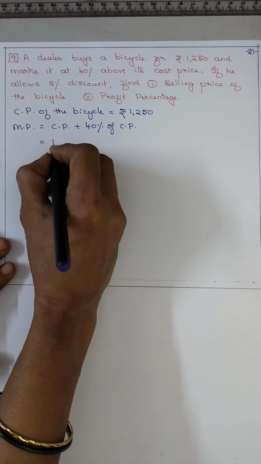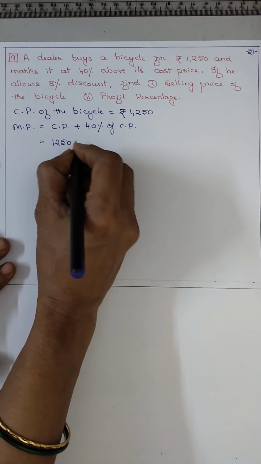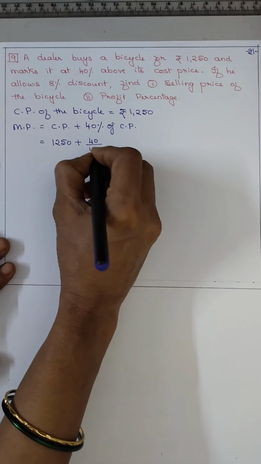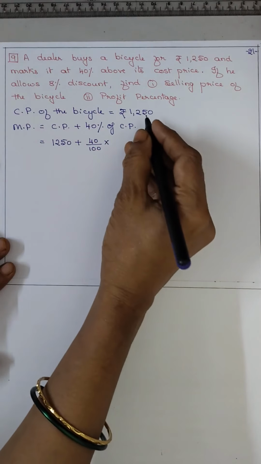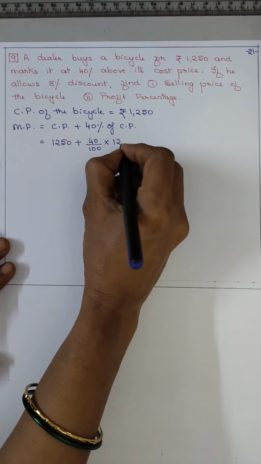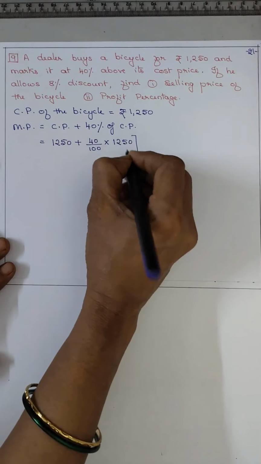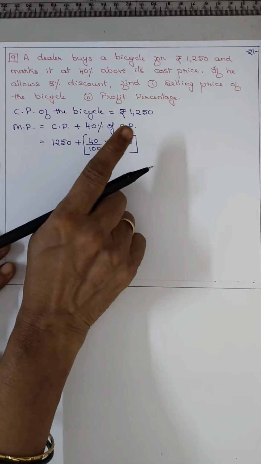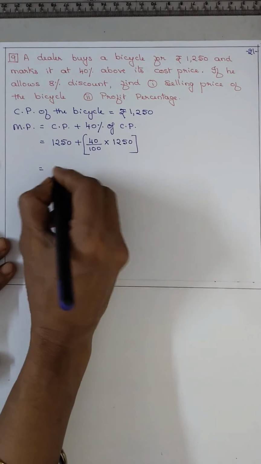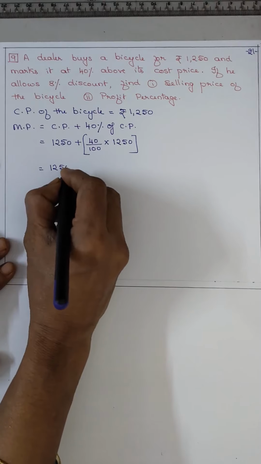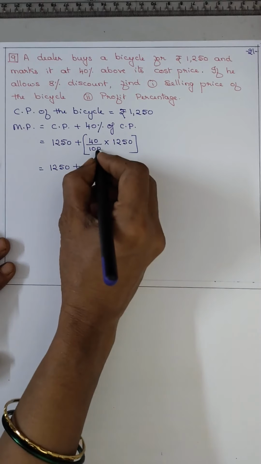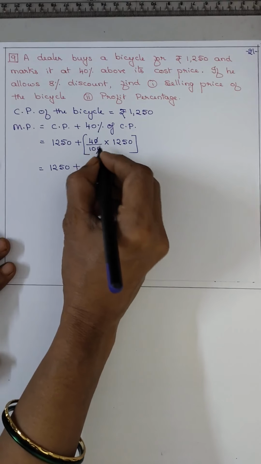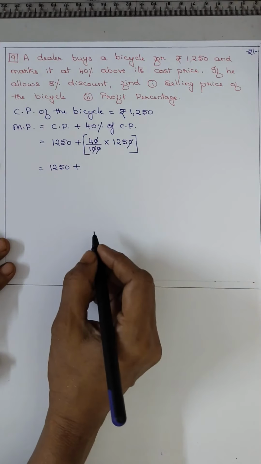CP is 1250 plus 40% into CP. Did you understand? So MP is equal to CP plus 40% of CP. So 1250 plus 40 upon 100 into 1250. One zero cut.